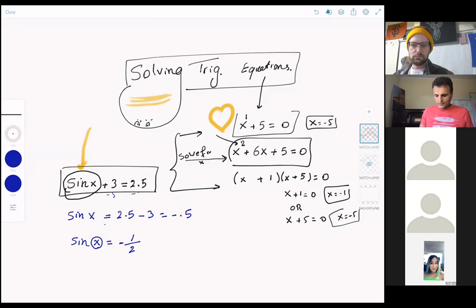So at this point, at this level, we are dealing with negative 1/2. Do we know sine of what angle is negative 1/2? Yes, correct, because 1/2 is something that we should know.